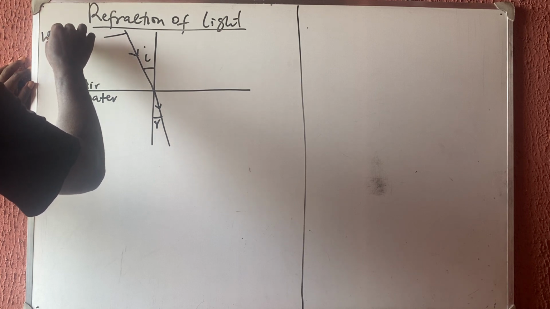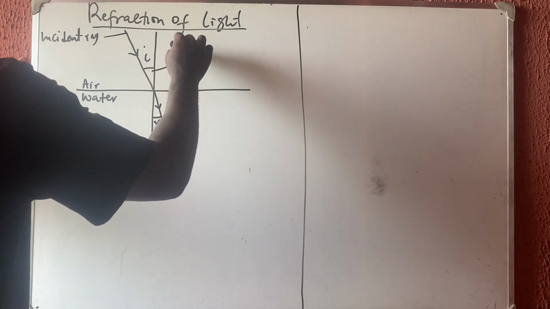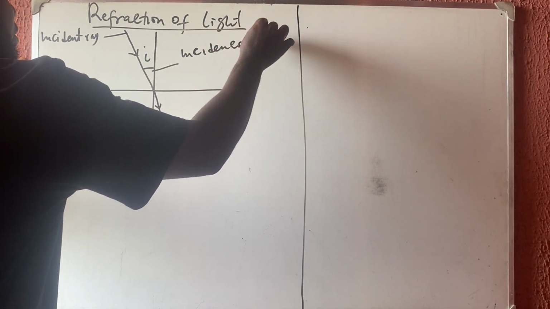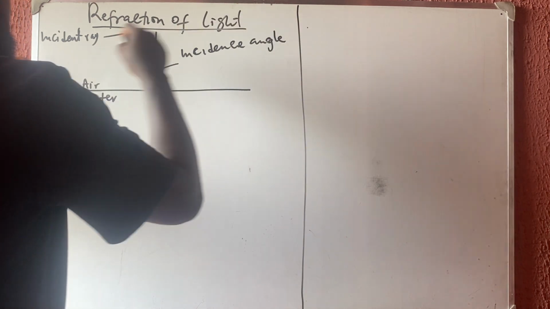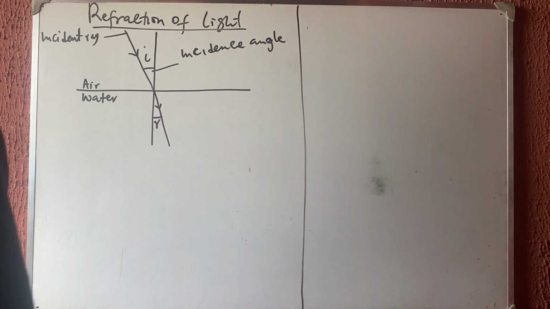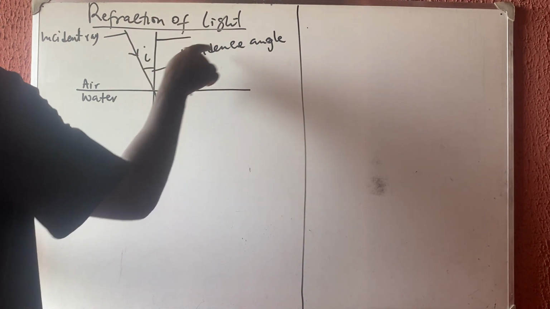This one is called the incidence angle. Please know the difference. This is the incident ray, while this one is called the incidence angle, and this is my normal. This angle here is my incidence angle.